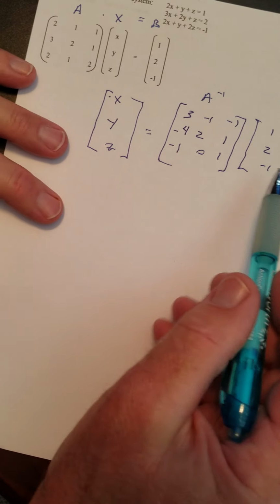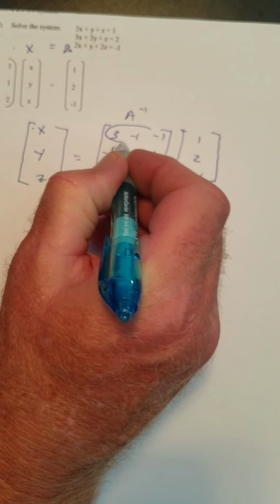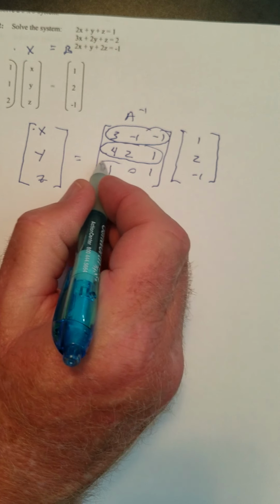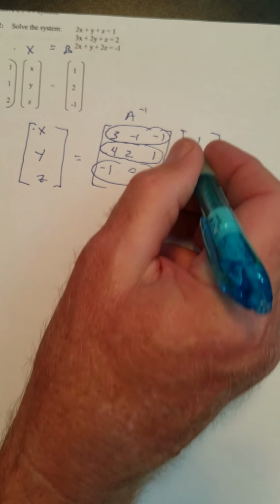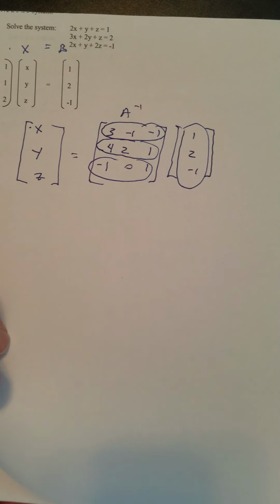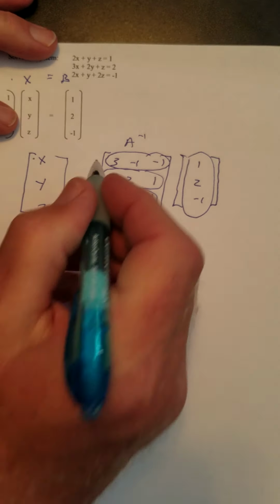All I have to do is multiply these two matrices. Remember, you're going to take rows. Got 3 rows and 1 column. Let me check something real quick. You can't see it, but that was a negative 4.